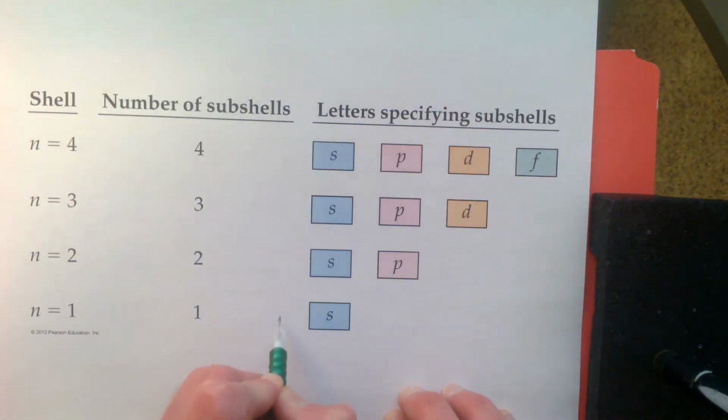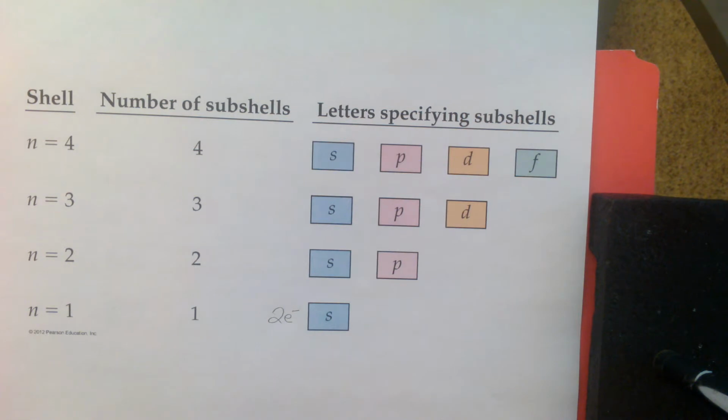So on the first energy level, we're only going to find a maximum of 2 electrons. Now, when we move to the second energy level, the second shell away from the nucleus, we find the s orbital again.